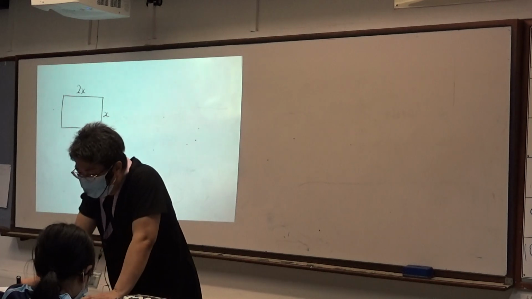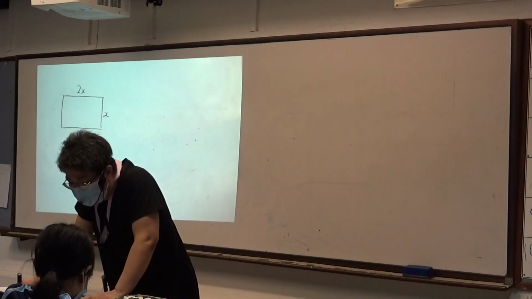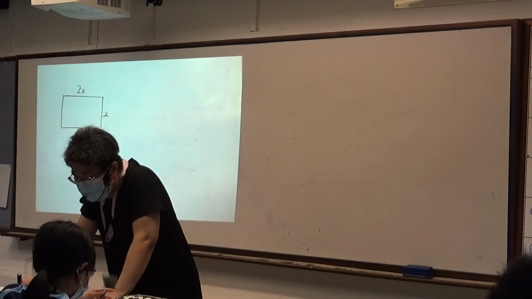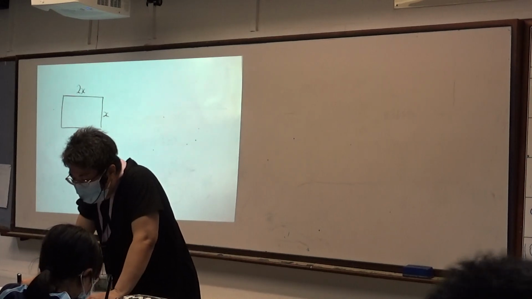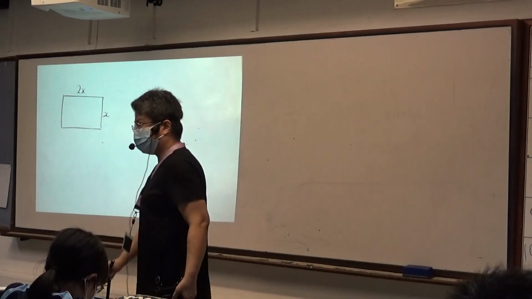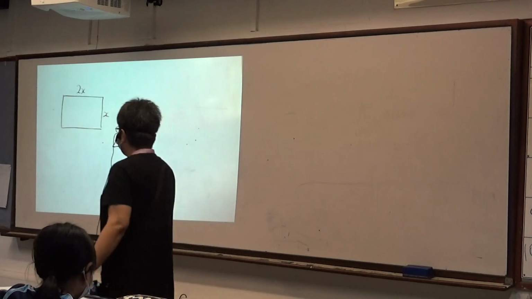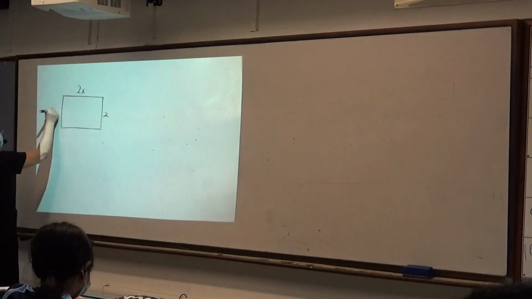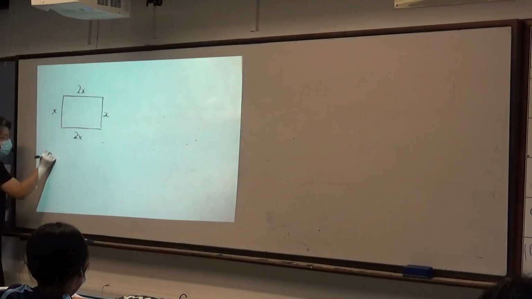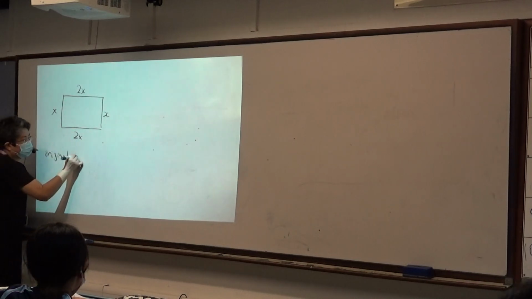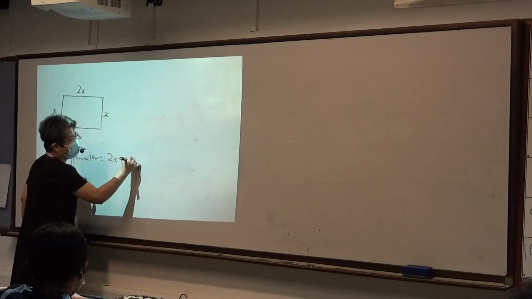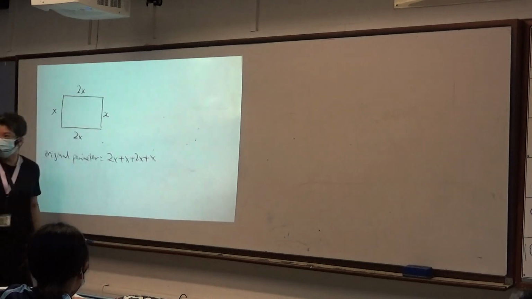If the length of the rectangle is increased by 10%, while the breadth is decreased by 10%, determine if any the percentage change in its perimeter. Understand? Okay, now all of you look up here. I'm going to do this quite fast. What is the original perimeter? 2x plus x plus 2x plus x, right?